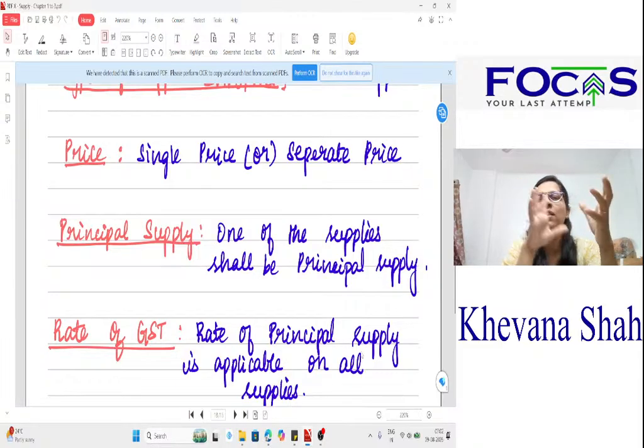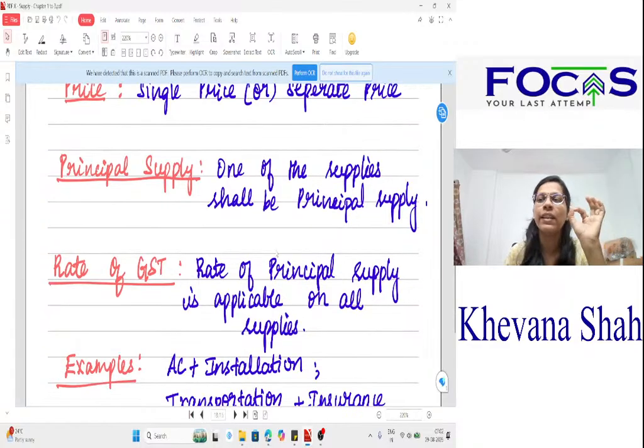Okay, and the other supplies which are supporting that principal supply and which are naturally bundled with that supply are called your other supplies. So for checking which rate of GST to be applied, you will check the rate of your principal supply. Okay, and whatever is the rate of your principal supply, you will be applying it on all the supplies, that is, on each of the supplies of your bundle you will be applying the rate of your principal supply.